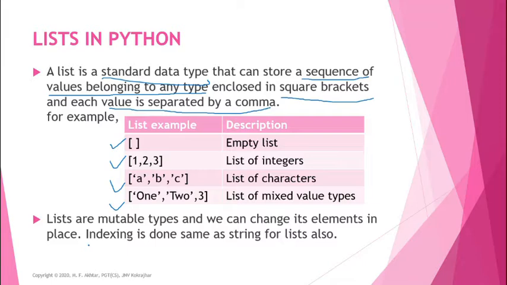And indexing: when we put some values in a list, they are stored in memory, and those memory locations are indexed from 0 up to n, where n means the total number of elements. Indexing is done the same as in a string, as we have learned in strings. The same style of indexing is here in a list also.